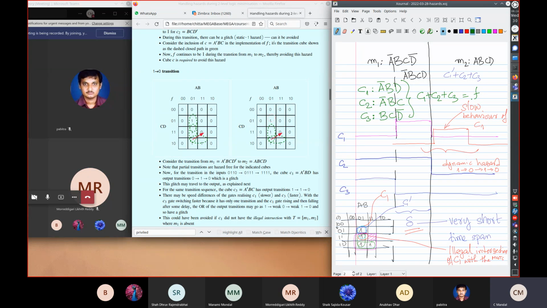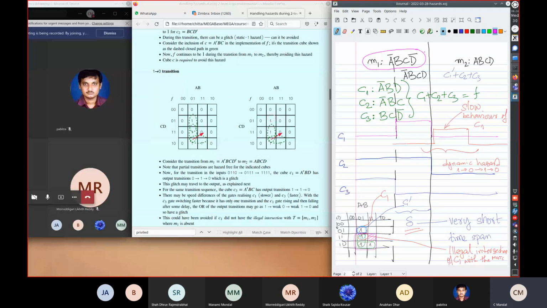Now, these are the ideal waveforms of C1, C2. By the way, these are the min terms that we are considering.